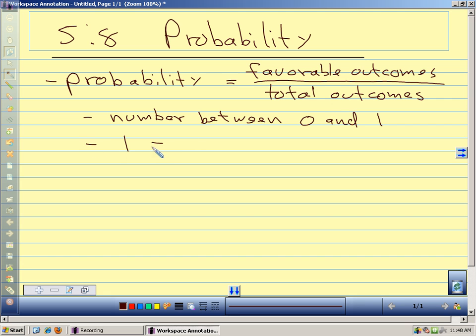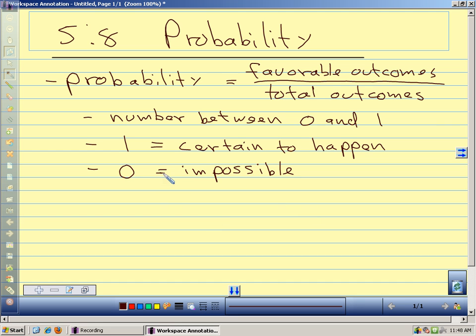A probability of 1 equals that whatever we're talking about is certain to happen, and a probability of 0 means it's impossible. So this is how we figure out probability and what we come up with.